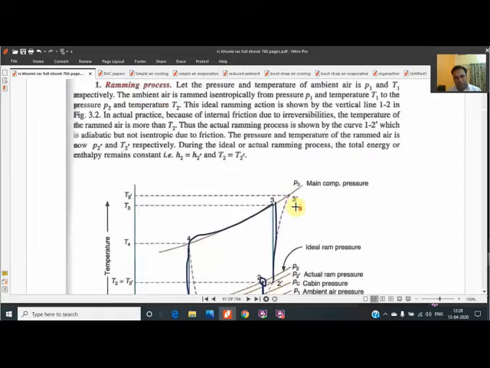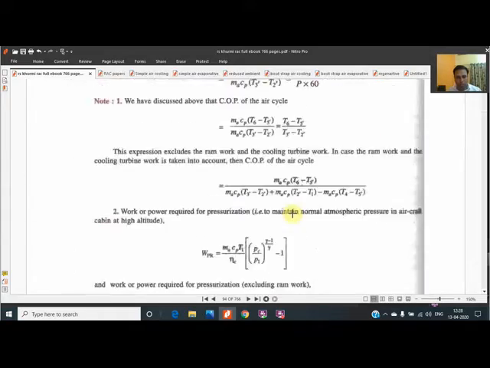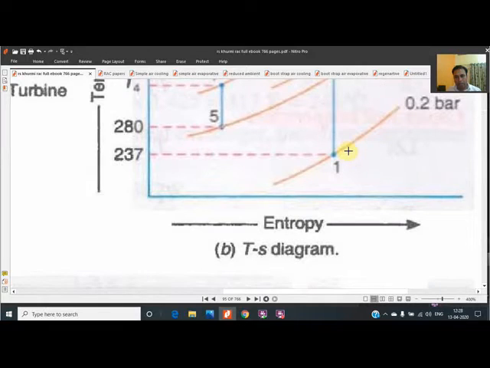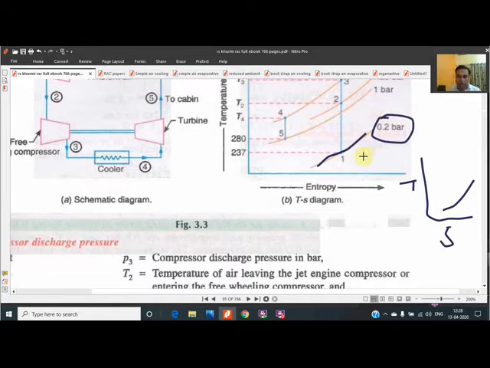In each and every question, if you go for solving, you will see that when the air is taken from the atmosphere, the pressure is very low. You can see on this slope, this is a constant pressure curve, because on a T-S diagram there is no axis for pressure. The pressure is shown by a slope like this. This is a constant pressure slope. 0.2 bar is the pressure, because when the aeroplane is flying at very high altitude, the pressure is very low.